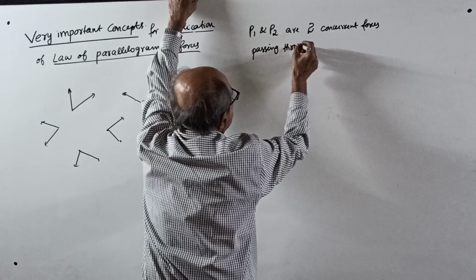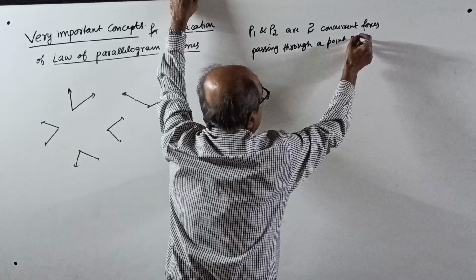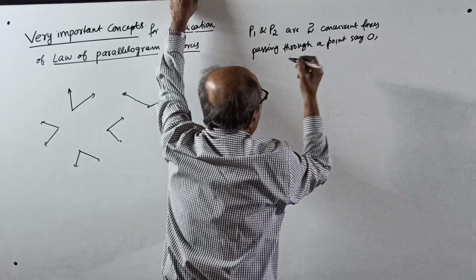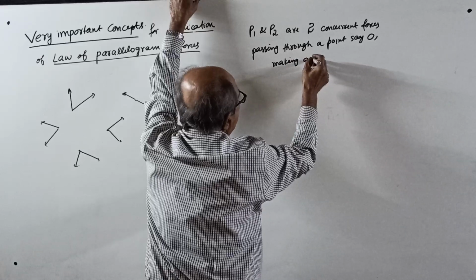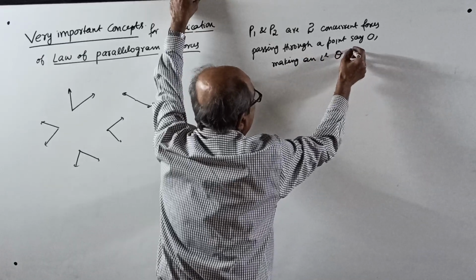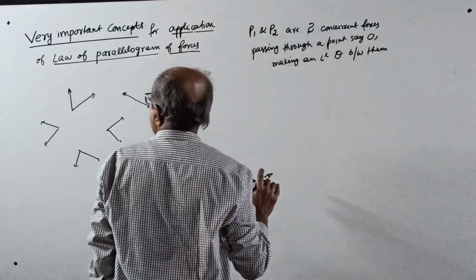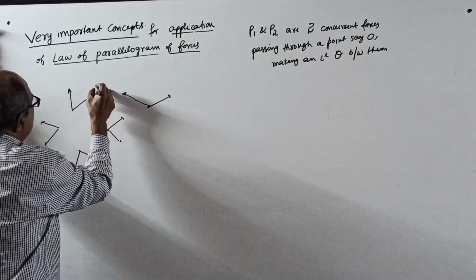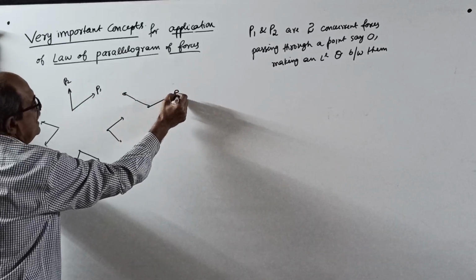I will do one thing to save time. Say the point is O, making an angle theta between them. You can make a note. You can call one force P1 and the other P2.